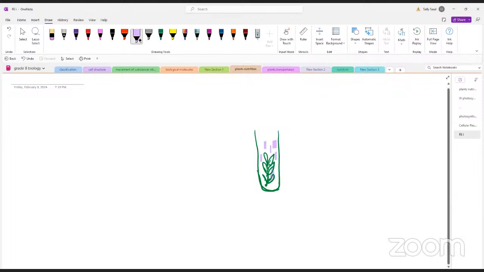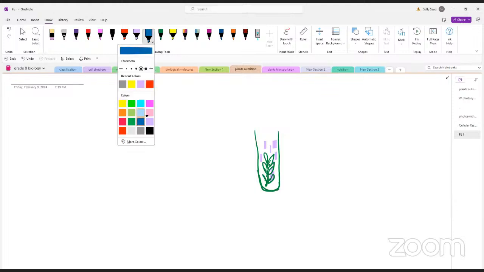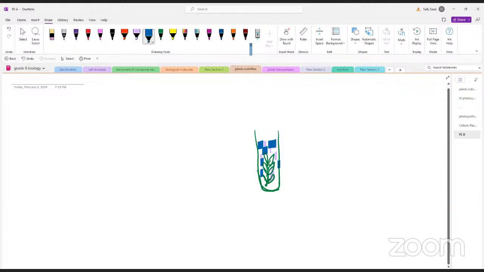And I put water with this plant, I will put the plant in water and I will put carbon dioxide, but no light. I will keep it in the dark.